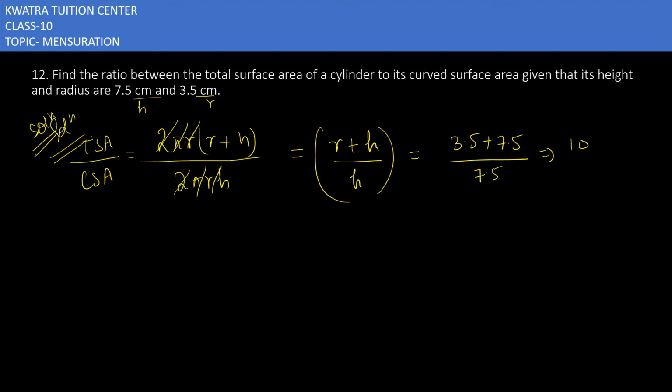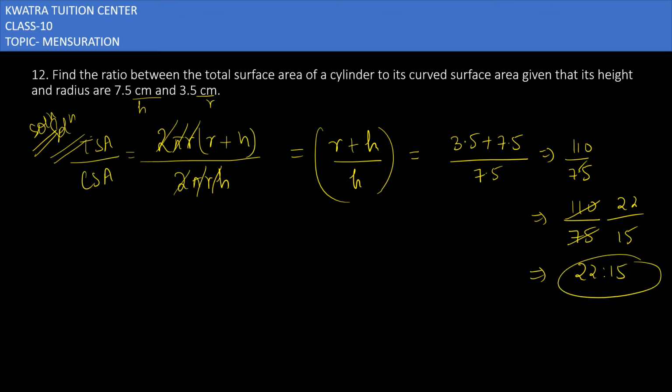This will give you 11. 7.5 plus 3.5 will give you 11 and then it will be divided by 7.5. 11 divided by 7.5, you can remove this point, it will give you 110 in numerator. 110 divided by 75 will give you 22 over 15. So the ratio will be 22 ratio 15. So yes, this is the answer for the 12th one.